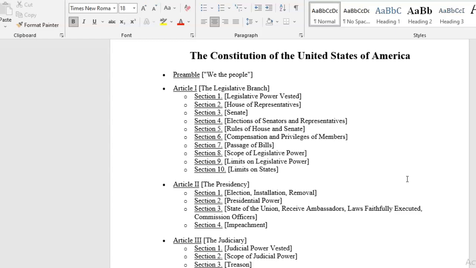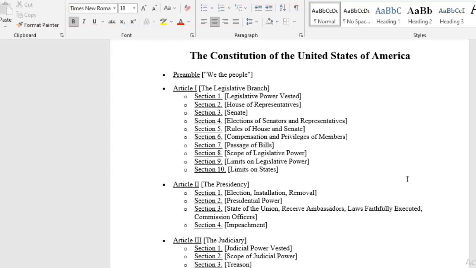The Bill of Rights is your first 10 amendments to the Constitution. So the Bill of Rights is not specifically a separate document, but people call the first 10 amendments our Bill of Rights.